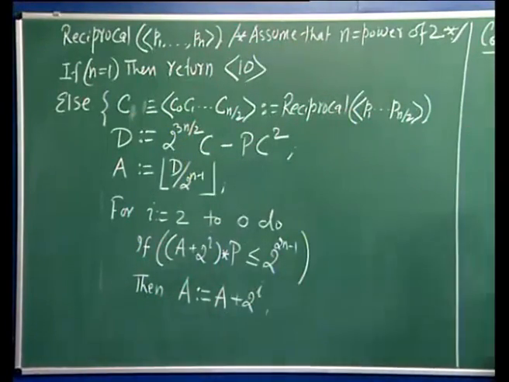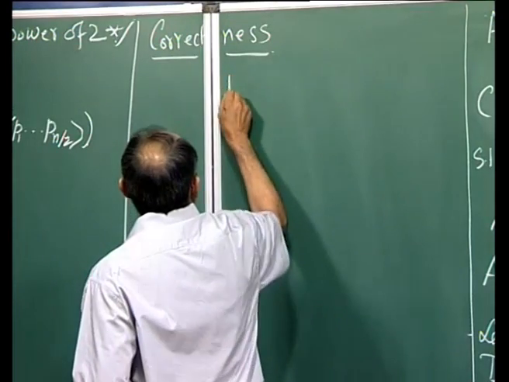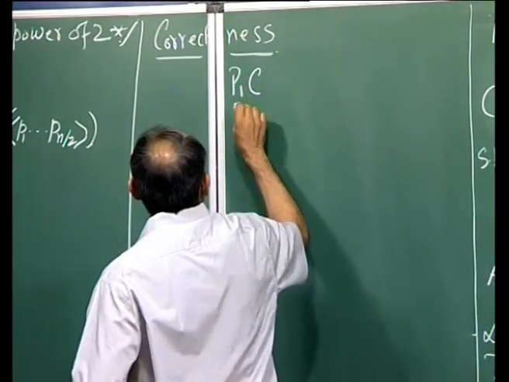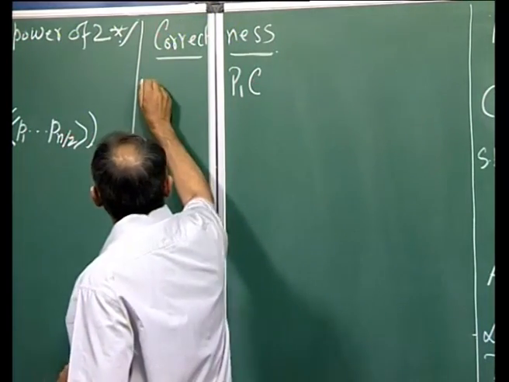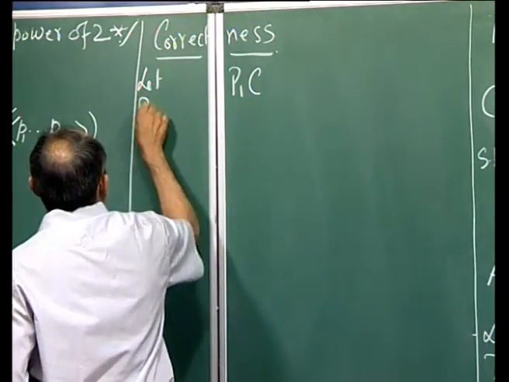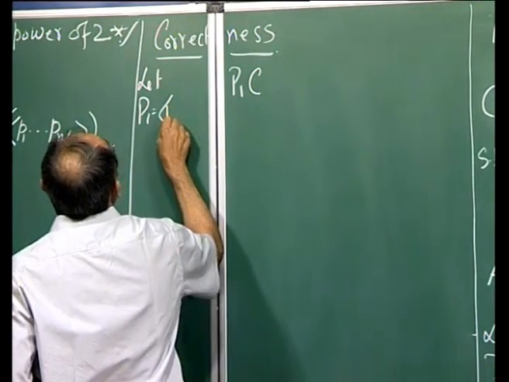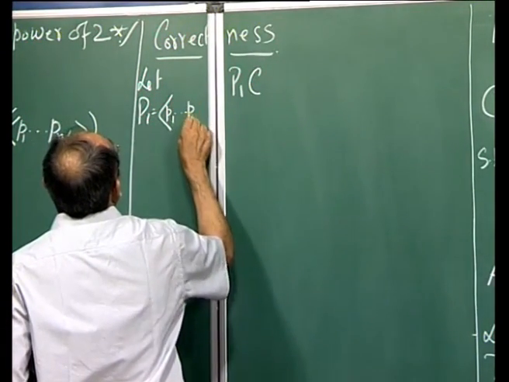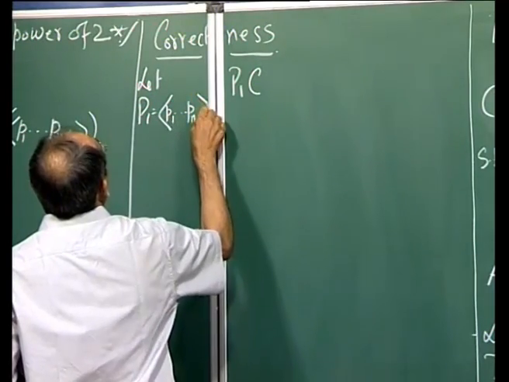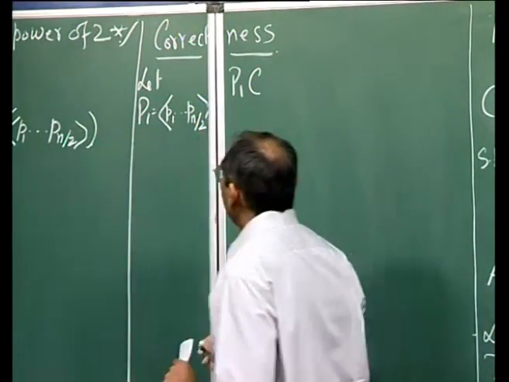So, based on that, what we know is that, let P1 be the n by 2 bit number, P_1 through P_{n/2}.